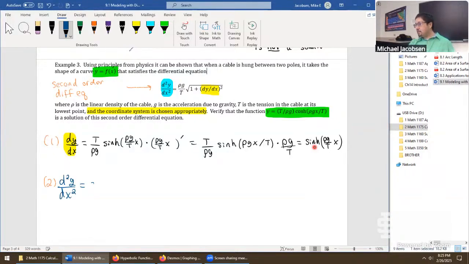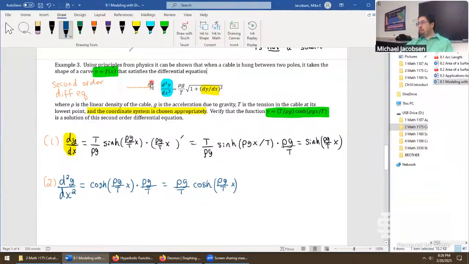And we get cosh rho gtx multiplied by the derivative of rho gtx, which is just another rho gt. I want to put that constant in front, so let me copy it one more line. So we've got all of our derivatives.